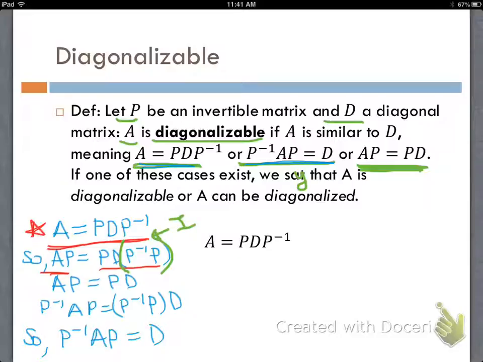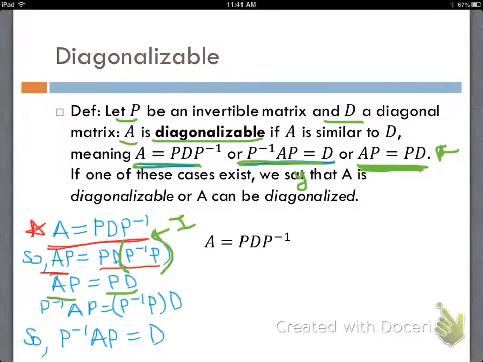So that's the same as multiplying a number by 1, which doesn't change anything. So that just becomes our identity matrix. And that leaves us with A times P equals P times D. So we actually just showed that one right there.